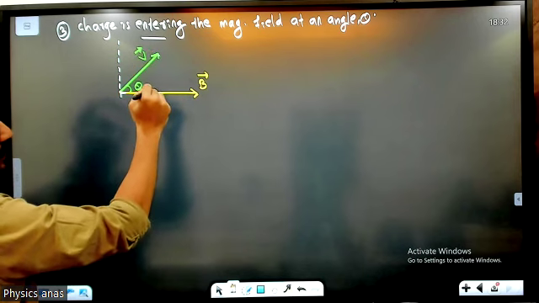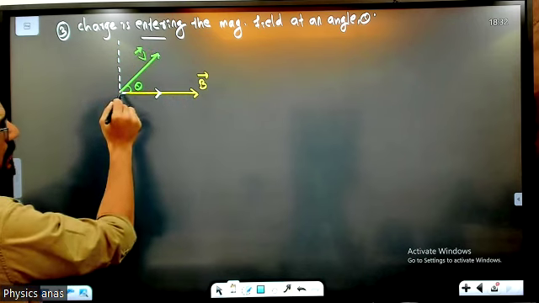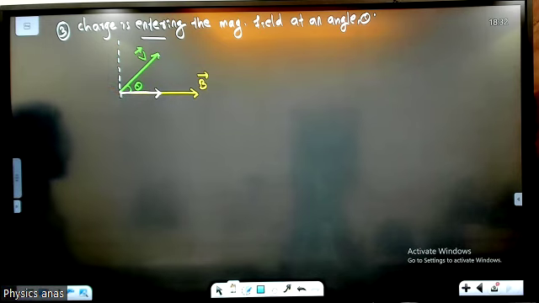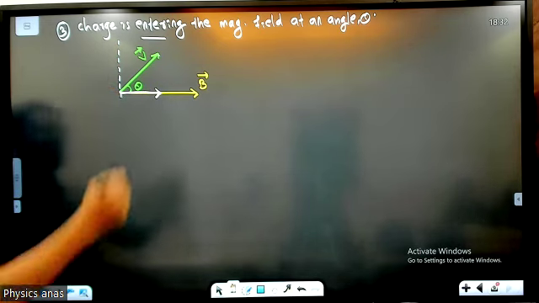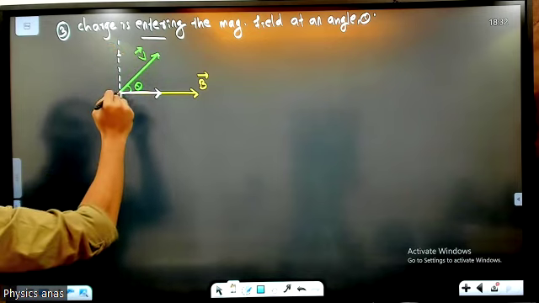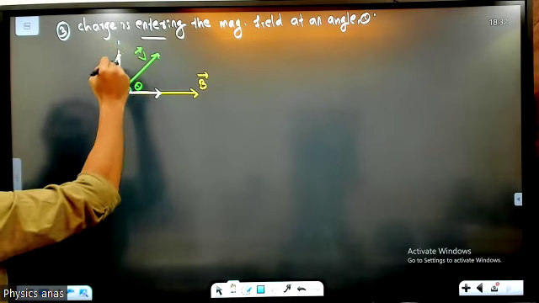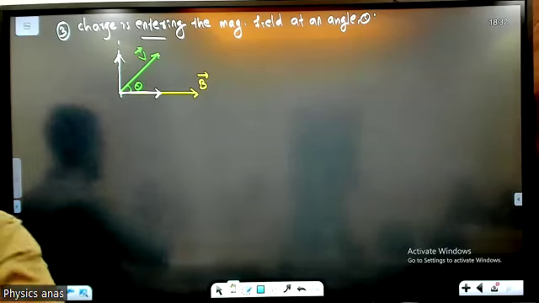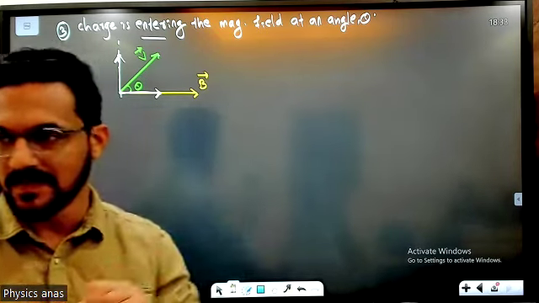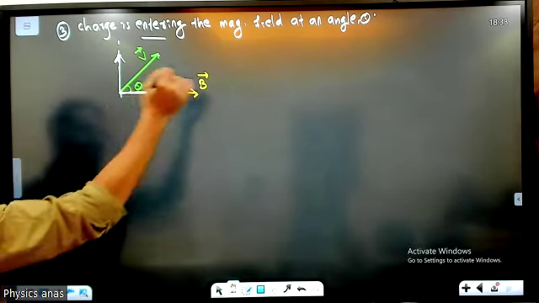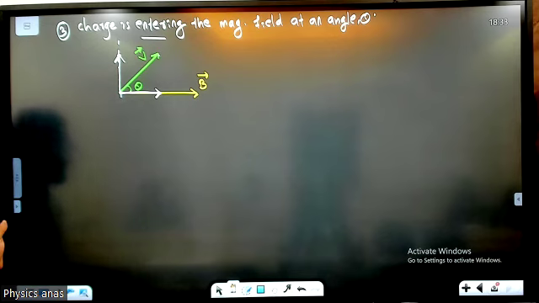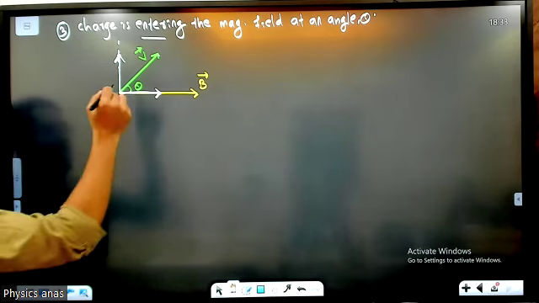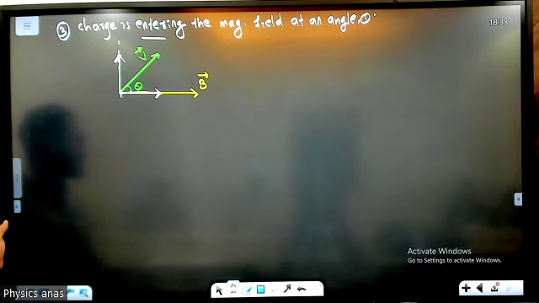One component will be acting in this direction, and the second component will be acting in this direction. One component will be acting parallel to the magnetic field. The other component will be acting perpendicular to the magnetic field.